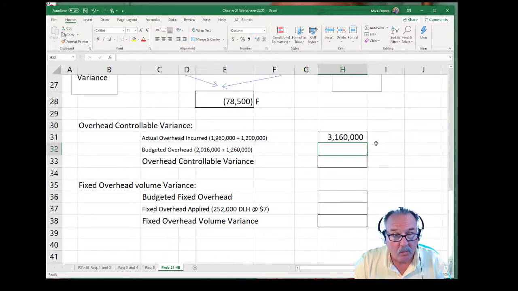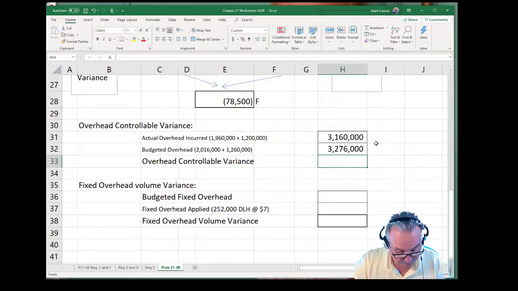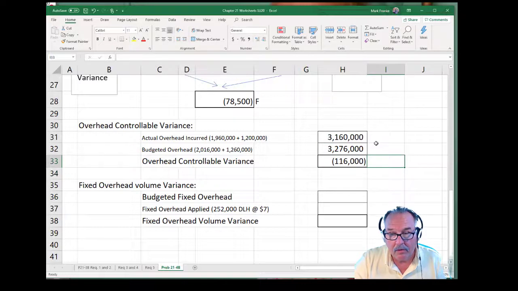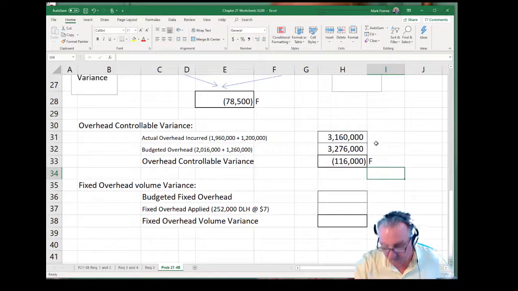What we expected to spend is $3,276,000. And when we subtract, we get a favorable variance. What we actually spent is less than what we expected to spend. So that's a favorable variance.